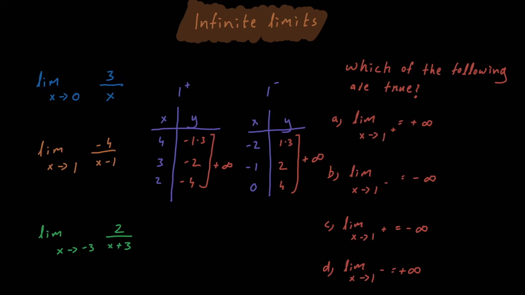Let's look at the question now. Which of the following are true? Part A, limit as x approaches 1 from the positive side is reaching positive infinity. Yes, this is true. Part B, limit as x approaches 1 from the negative side is reaching negative infinity. Sorry, I always confuse this, so make sure you don't confuse this. 1 from the negative side is reaching positive infinity, so this is not true.